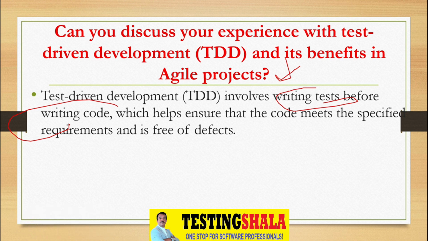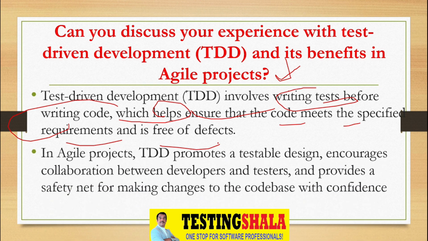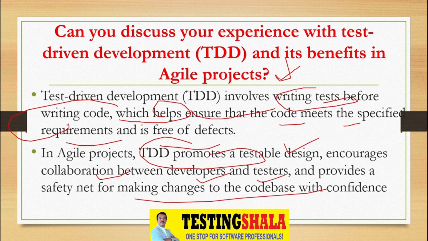It helps us ensure the code meets the specified requirements and is free of defects. In Agile projects, test-driven development promotes testable designs, encourages collaboration between developers and testers, and provides safety nets for making changes to the code base with confidence.